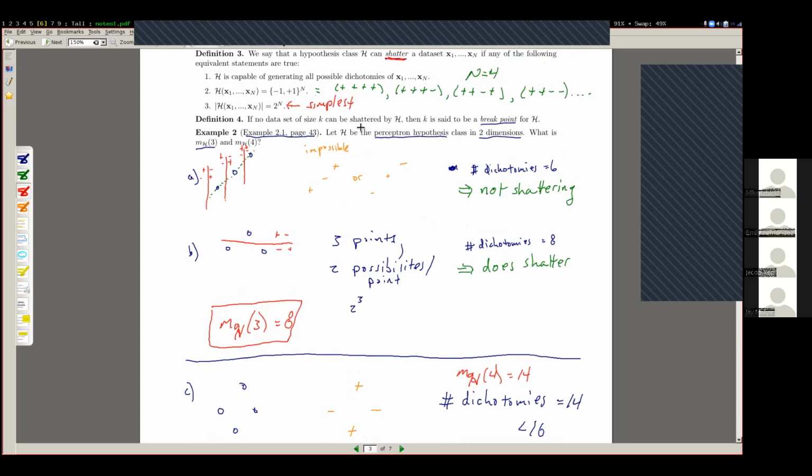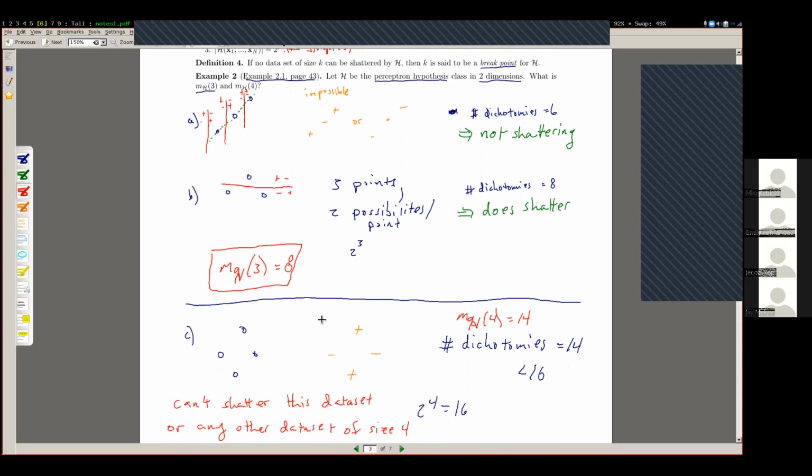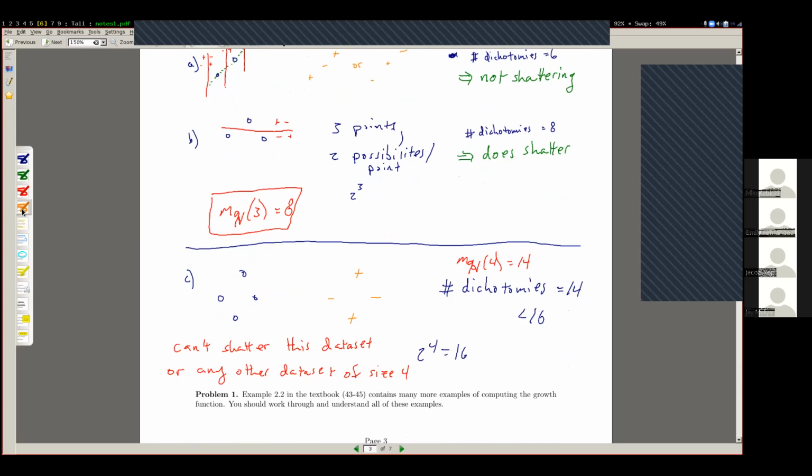So there was the question earlier about the idea of a breakpoint. We say if no data set of size k can be shattered by H, then k is said to be a breakpoint for H. So in this particular example, we said that we can't shatter any data set of size 4.